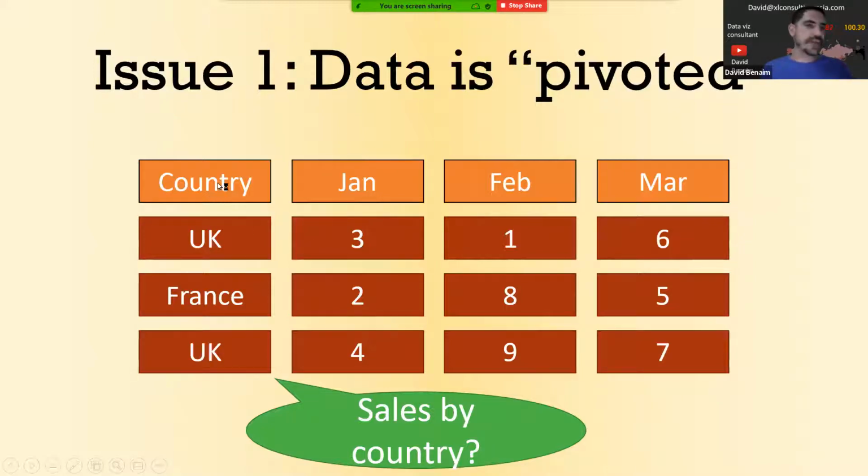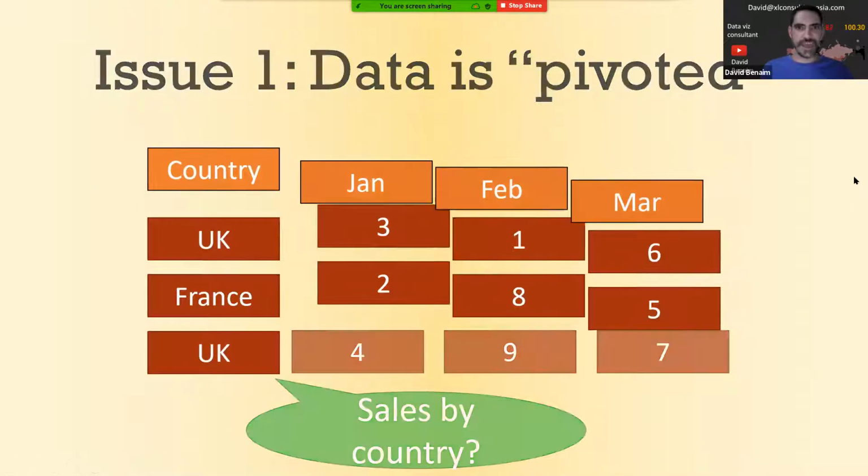Although it's very easy to get a total by month, it's not very easy from this data to get a total by country, because you need to add together this cell, plus this, plus this, plus this, and who knows what other rows are underneath as well. So this is not the optimal way to set up data.